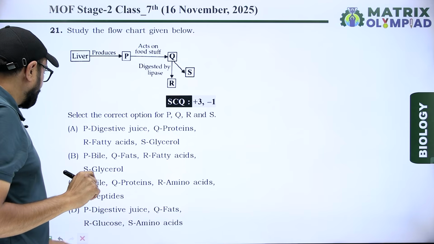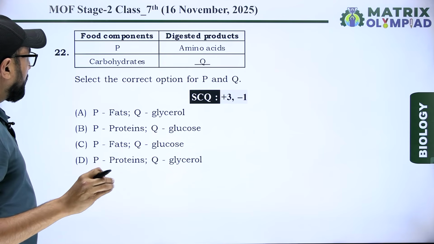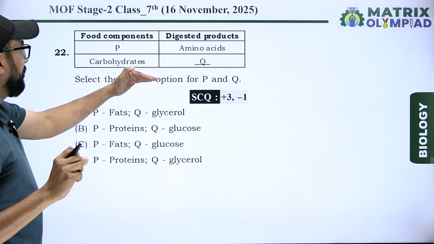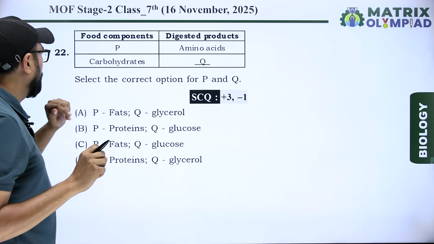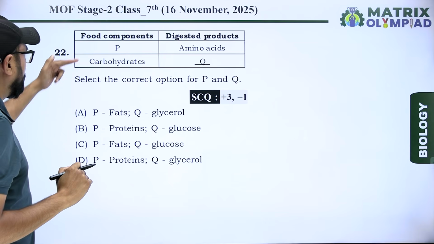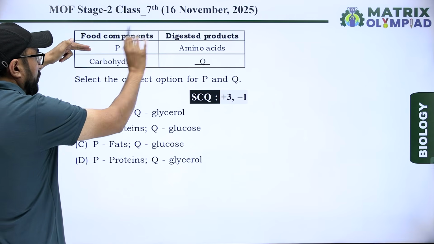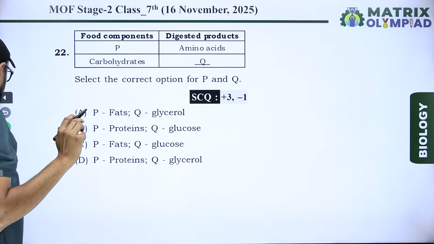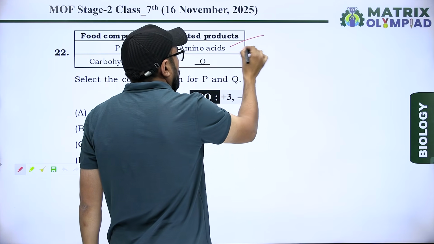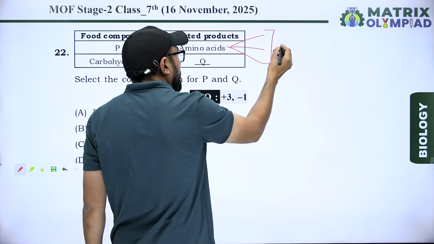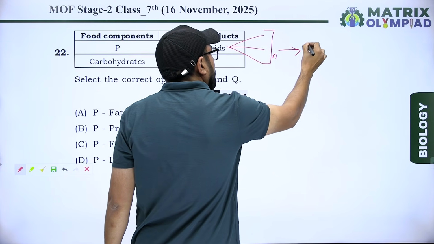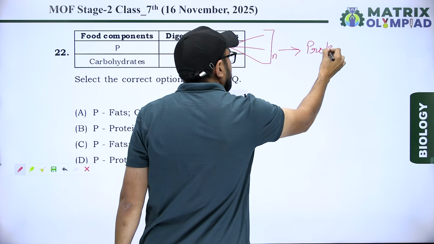Next, food component and digested product. P, amino acid, carbohydrate, Q. Select the correct option for P and Q. P into amino acid, it means that is protein, because protein is formed by so many amino acids, n number of amino acids form protein.